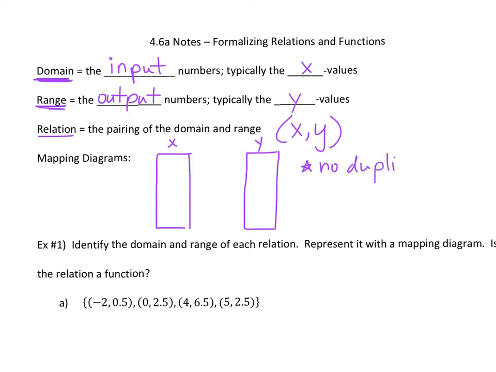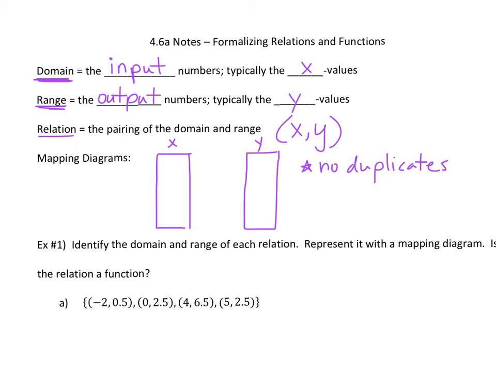So if my list of points, relations, has 3 different x values, and they are 1, 1, and 3, you would only write 1 and 3. Even though there's 2 1s, we don't write it twice, okay? Same goes for the y. No duplicates for your y's.